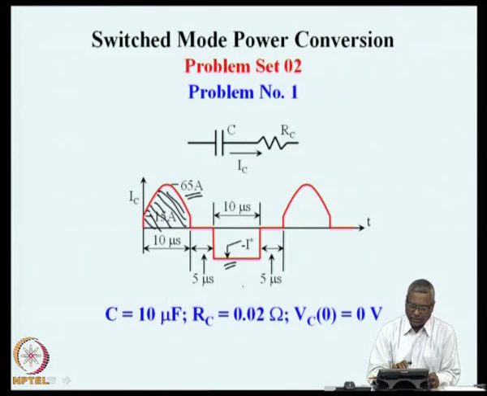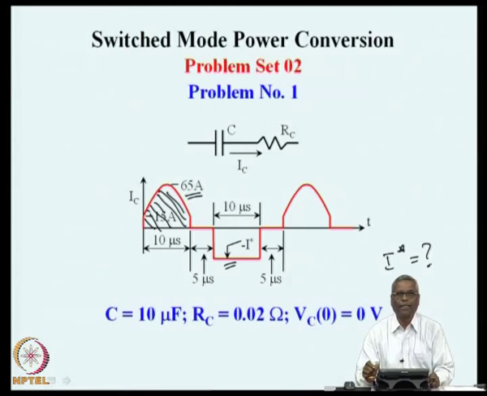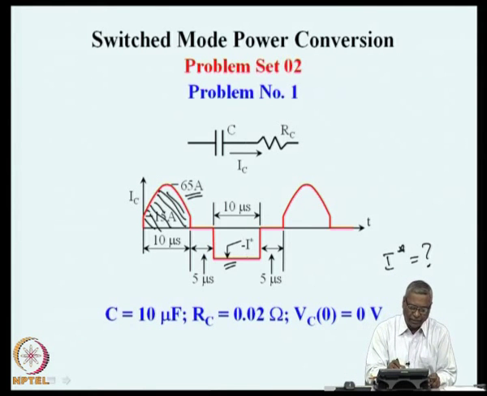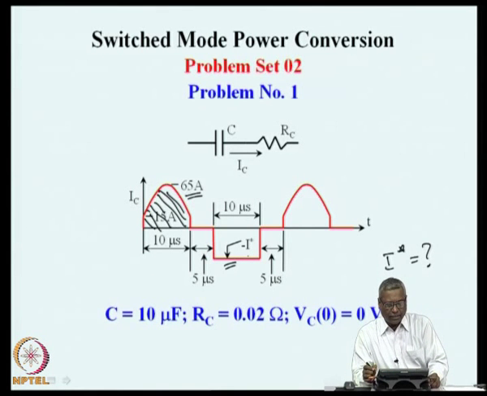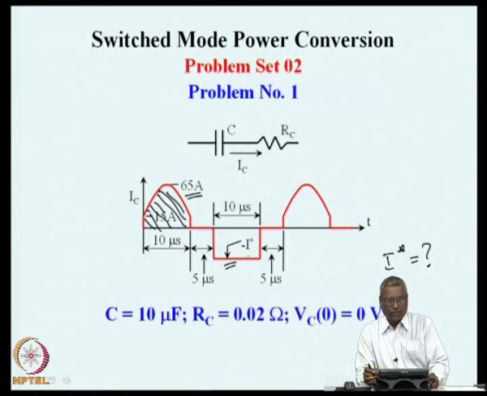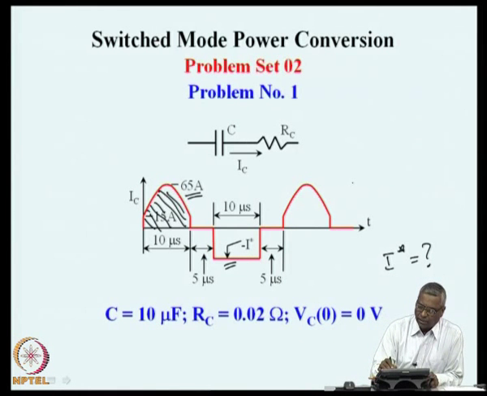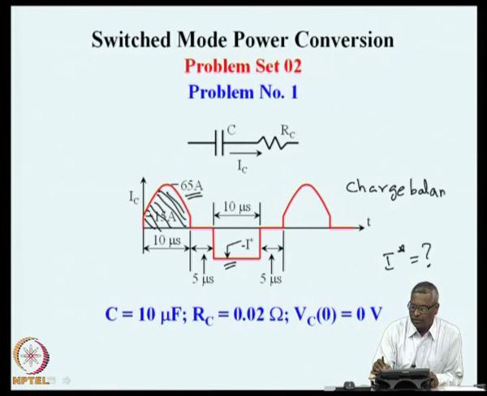The first exercise here is to find out what is I star. What is the value of the negative current I star flowing through this capacitor? To solve this problem, we invoke the condition that in a capacitor under steady state condition the charge balance exists.